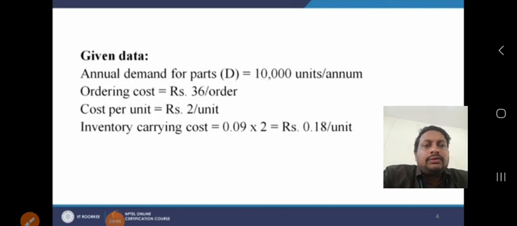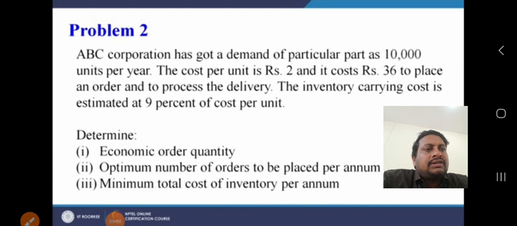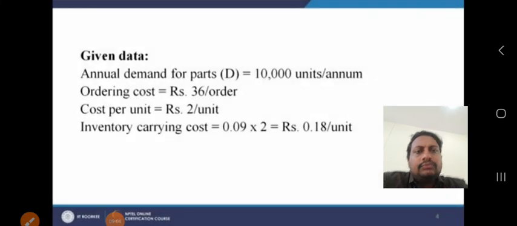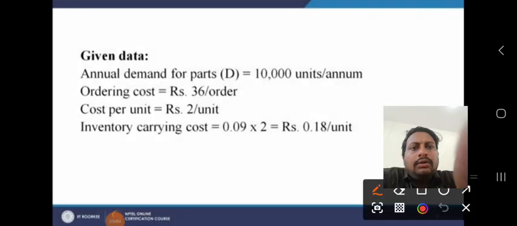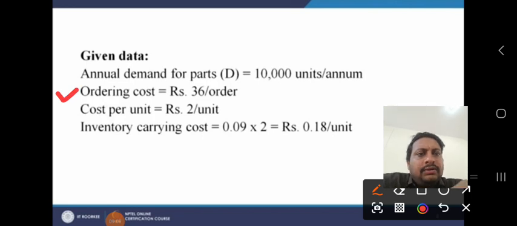So in the given data, annual demand for parts D equals 10,000 units per annum. Ordering cost is 36 per order.